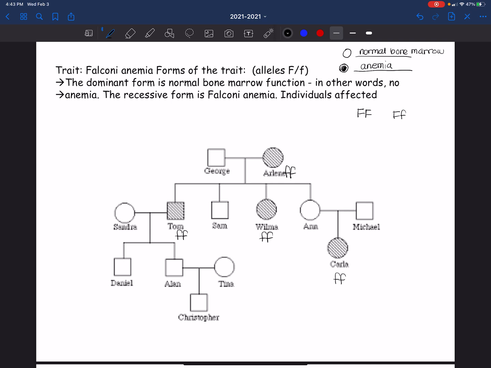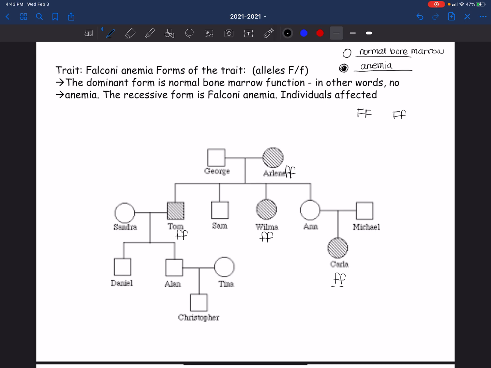And so what we need to do is use the information we've been given to determine their genotypes. So I'm going to start with Anne and Michael on the right side of the pedigree. Carla has anemia, so each allele that she gets has to come from one of her parents. Now, one of the ways that I like to start out pedigrees and tracing genotypes is I use a pencil, number 1, so I can erase.